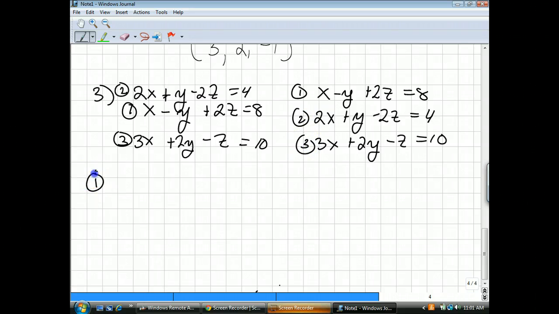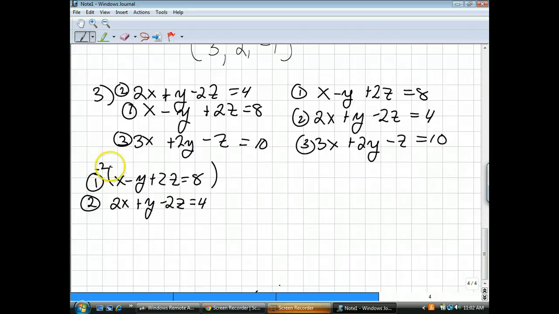So I'm going to use equation 1 to eliminate the x's from equation 2. So x minus y plus 2z equals 8, and 2x plus y minus 2z equals 4. I'm going to multiply this equation by negative 2.